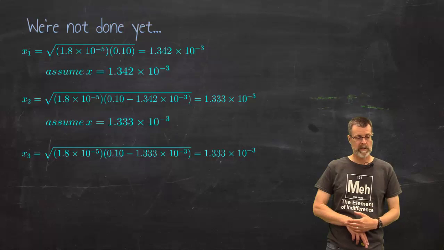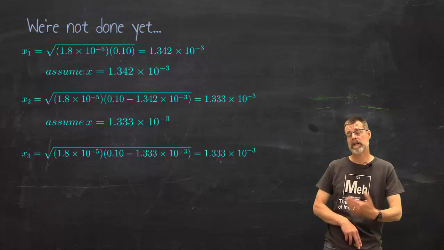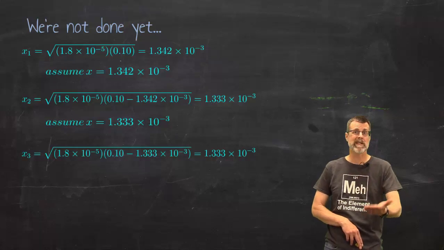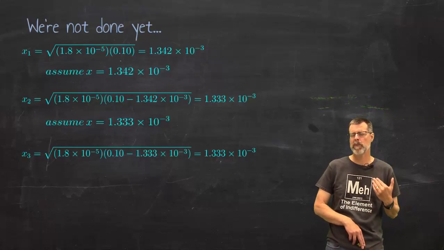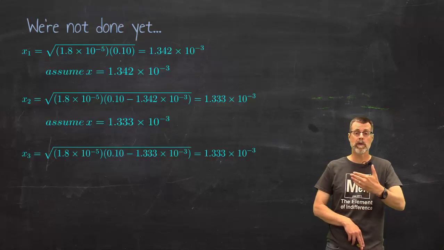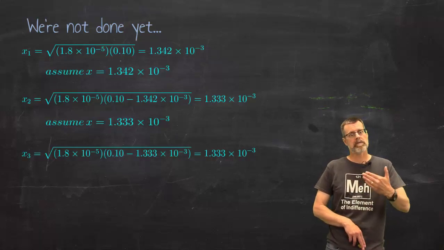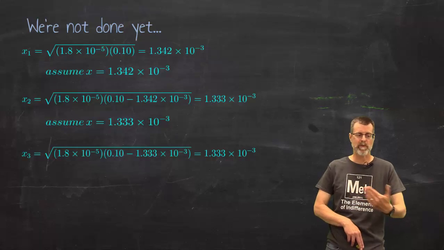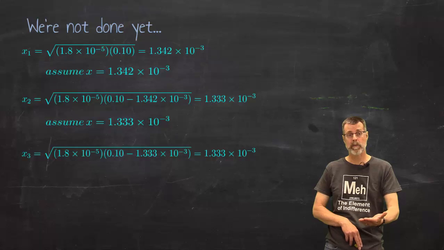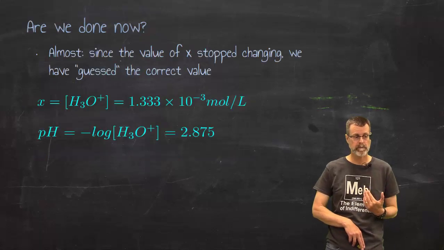Put that number in, I run the math again, and I end up with the same number. So the guess that I put in is the check that I got back. At this point, I can be confident that the value of x is at least very, very close to 1.333 times 10 exponent negative 3 because I guessed that number and I got it back.